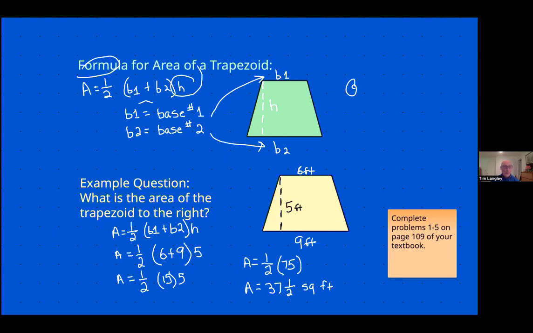I have rewritten the formula at the bottom left of our screen here. Area is 1/2 the B1 plus the B2 times the height. Now I'm just going to plug in those numbers. Area equals 1/2 times B1 is 6. You'll see that this is my B1, my 6, okay, plus B2, which is 9, times 5, which is the height.